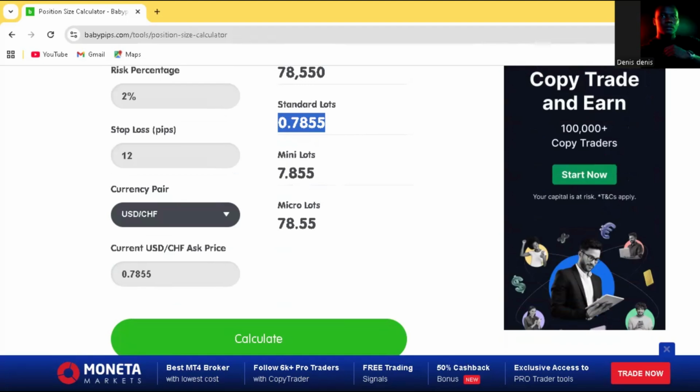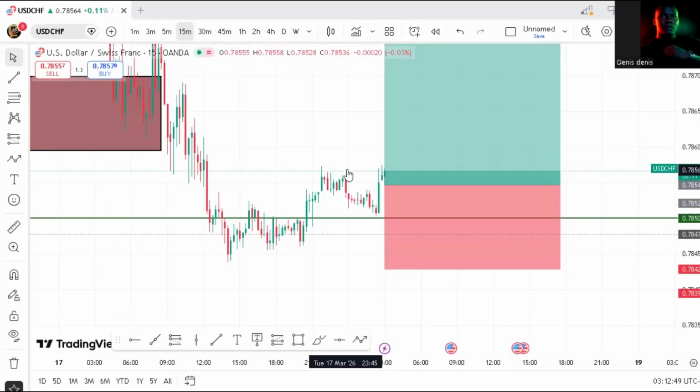Then you come back to your TradingView, and you change. This is your TradingView. Okay, so now in your trading setup, maybe say you're trading on MetaTrader 5 or MetaTrader 4, you're going to put that lot size that has been given to you from Baby Pips.